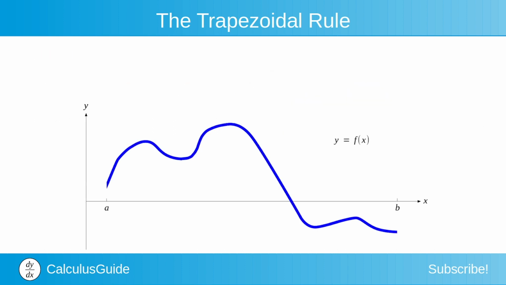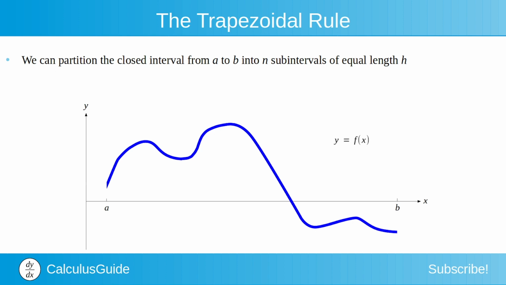Shown below is a plot of the continuous function f of x on the closed interval from a to b. We can partition the closed interval from a to b into n subintervals of equal length h.